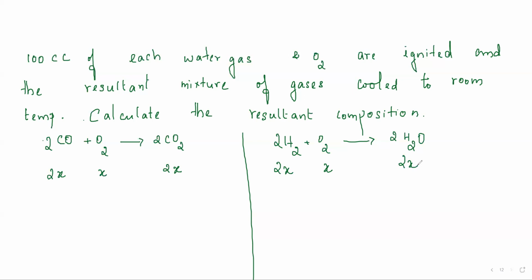Now, 100 cc of water gas and oxygen. It is told to us the volume of water gas is 100 cubic centimeter, which means CO plus H2, the volume is 100. Water gas is a 1:1 mixture of carbon monoxide and hydrogen.